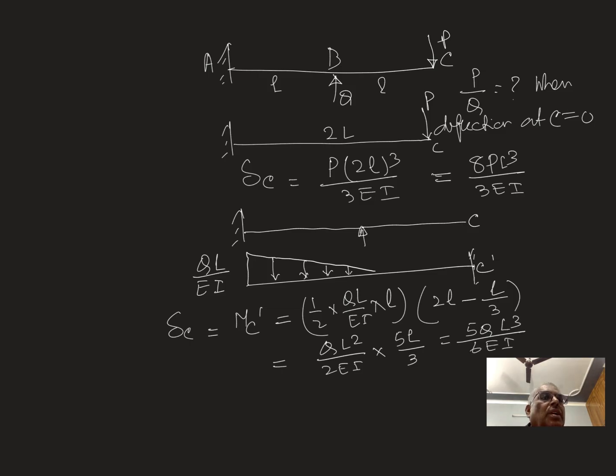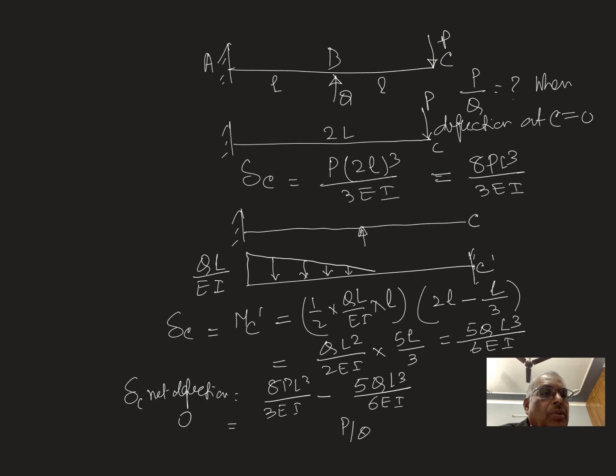Now one is a downward load, the other is an upward load. One will be positive deflection, the other will be negative deflection. Therefore, net deflection at C is equal to 8PL cube upon 3EI minus 5QL cube upon 6EI, and it is 0.